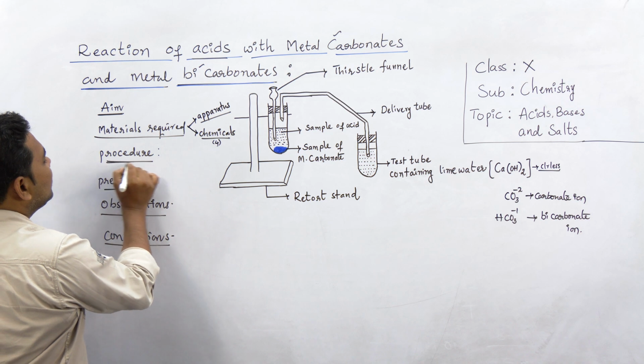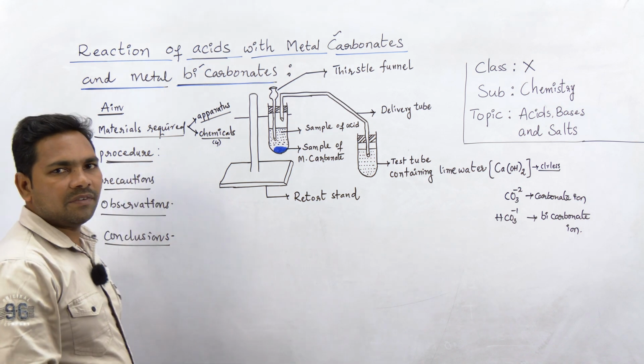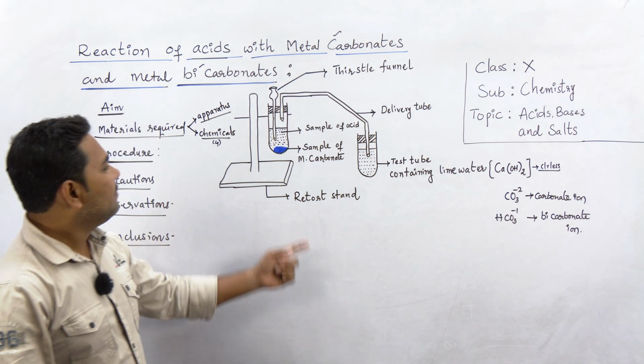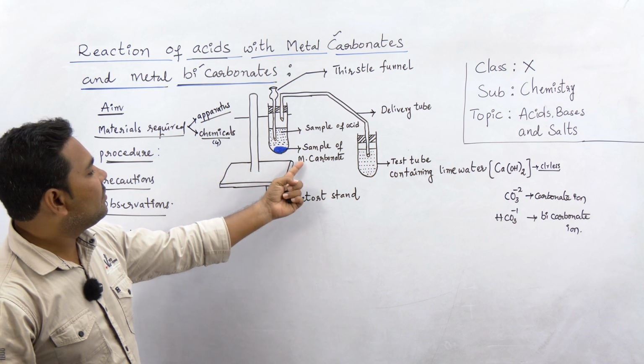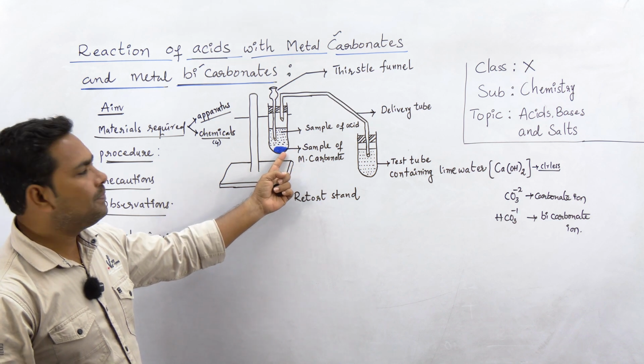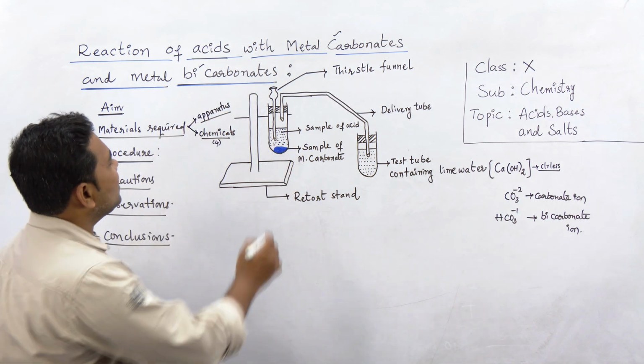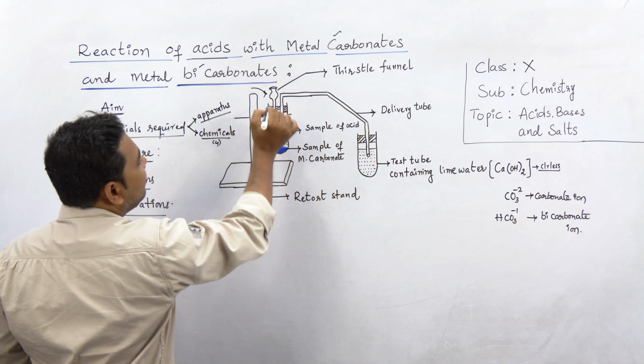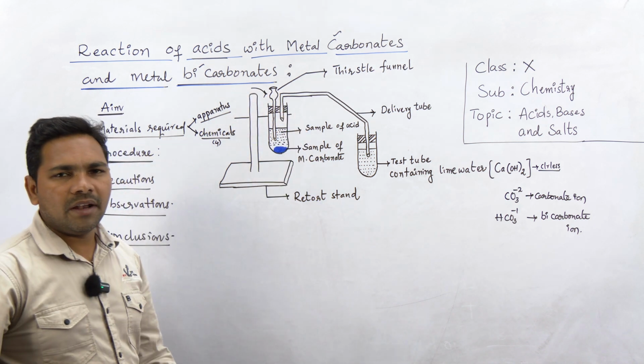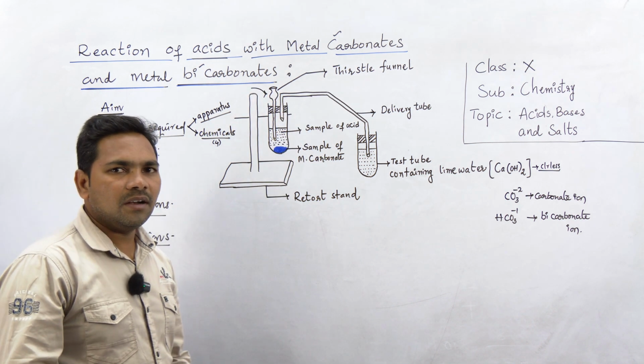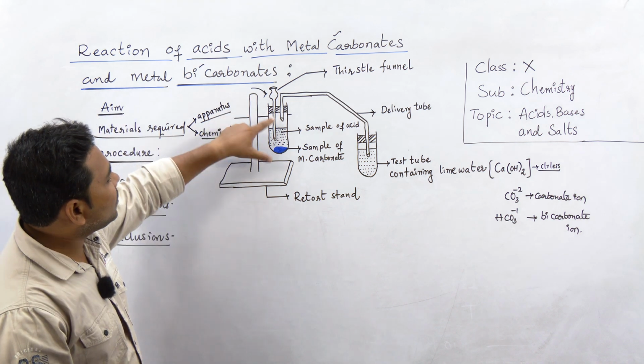Now let us see the procedure of this experiment, right? Firstly, we take a sample of metal carbonate in the test tube. Then, using the thistle funnel, we add some dilute acid. It can be dilute HCl or dilute H2SO4, right?